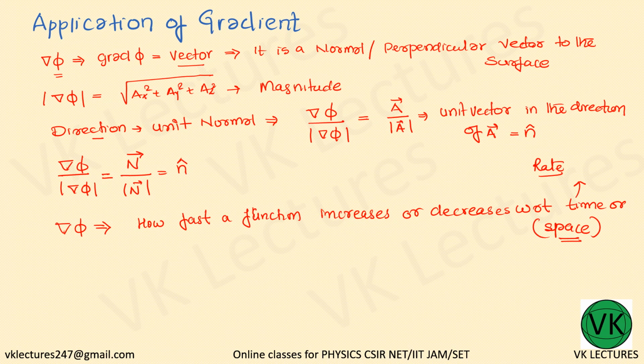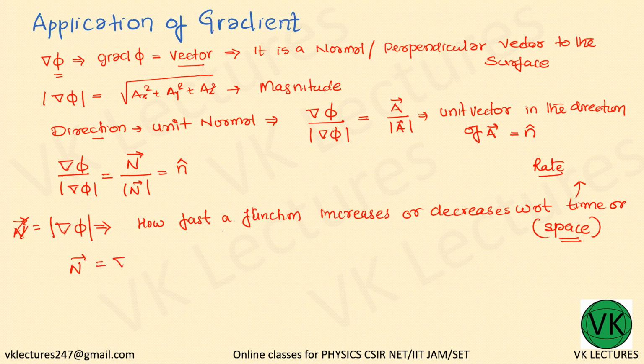Now you got how fast a function increases or decreases. What about that? That is given by the vector n, the normal vector, or let us write the magnitude. So magnitude tells us how fast. Okay, now what does this n represent?